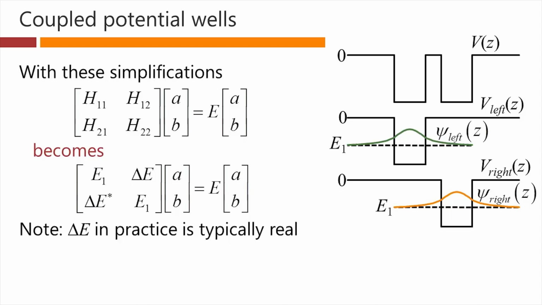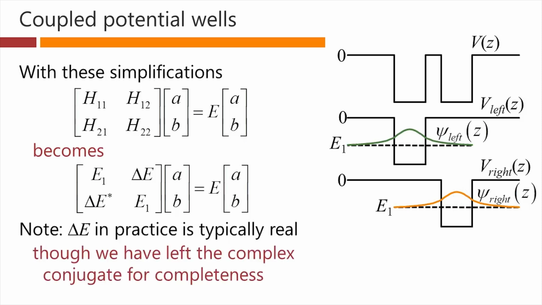Note in practice that this delta E is typically real, because we'll typically work with real wave functions here, although we don't technically have to. But we've left the complex conjugate in here for completeness.